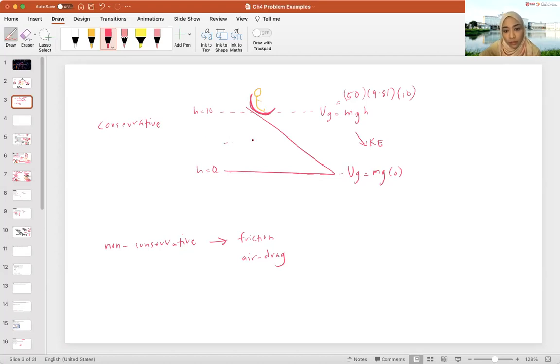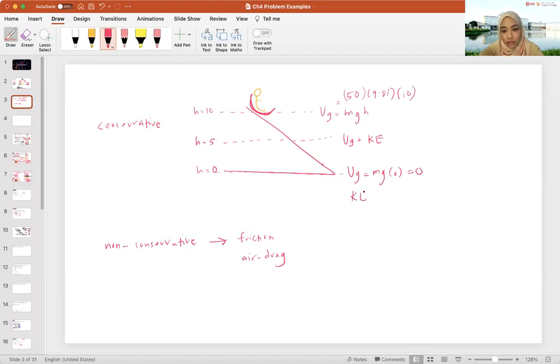Okay. When Balkis is halfway through sliding down, where h is equal to 5, her energy is now both KE and UG. But when she reaches the final point where her UG becomes 0, all her energy is now only KE.